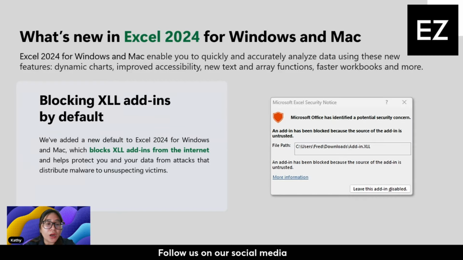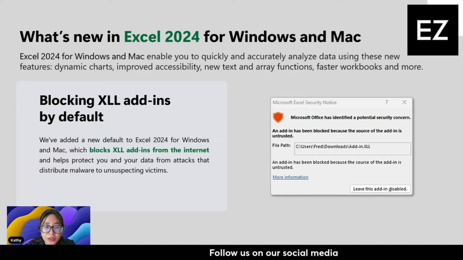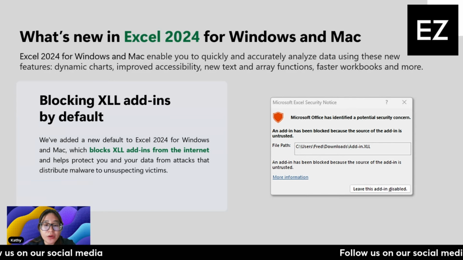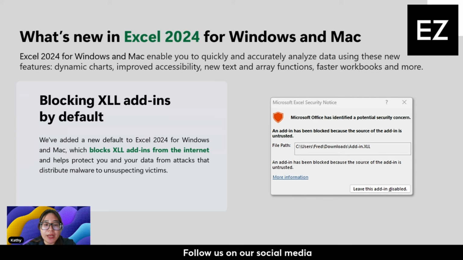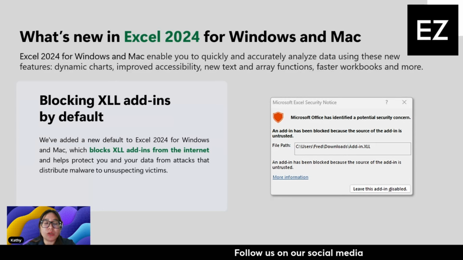Moving on with Excel, it will block any XLL add-ins from the internet, in case Microsoft Office has identified any potential security concerns, such as malware or something they feel is a potential risk to your data.